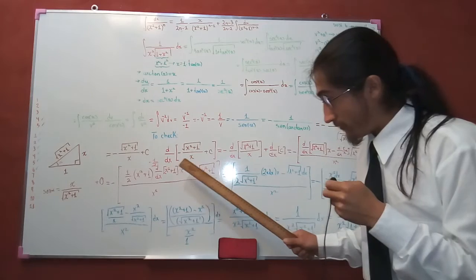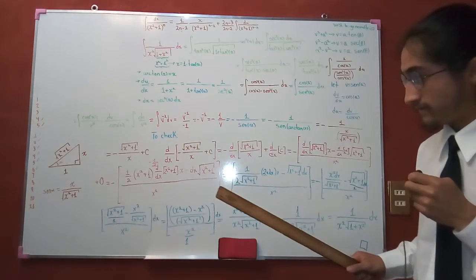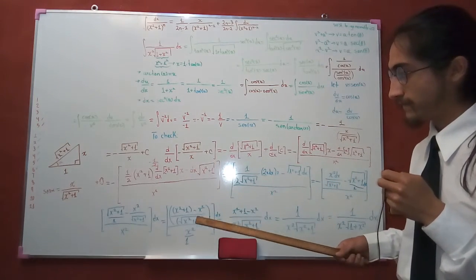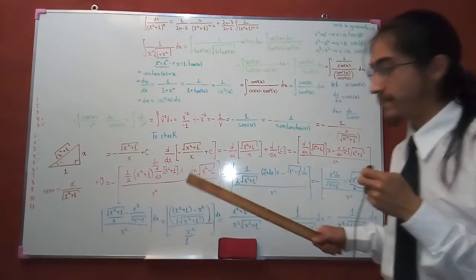The derivative of this polynomial is going to be the derivative of each monomial.